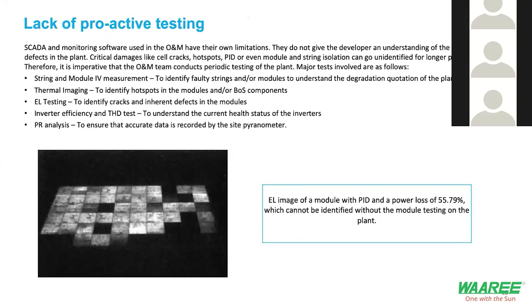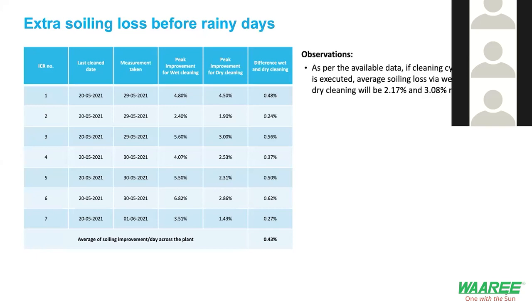Lack of proactive testing, especially for larger plants. And in soiling, there is something I missed which I wanted to share with everyone: rooftop soiling, because of the industrial areas, which can lead to a lot of soiling level issues. There are solutions available in the market, but developers and asset managers are still frustrated with rooftop level soiling issues, so there is definitely a lot of opportunity there.